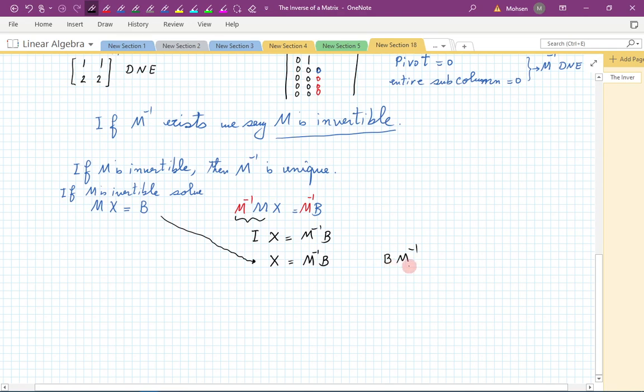There is no guarantee that such a thing would even exist, or even if it did exist, that it would be the same as that. One reason that the division notation is not used in the majority of texts is that if you write b over M, it's not clear which one you mean. Is it division on the left or division on the right?